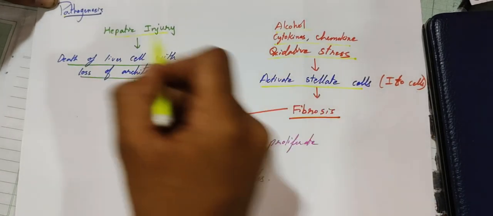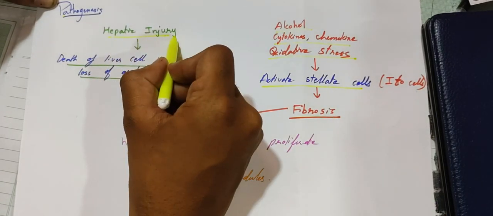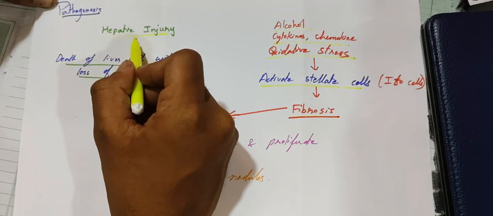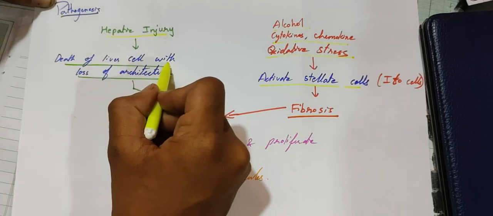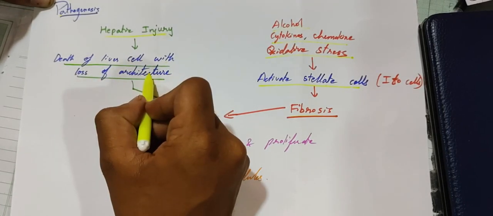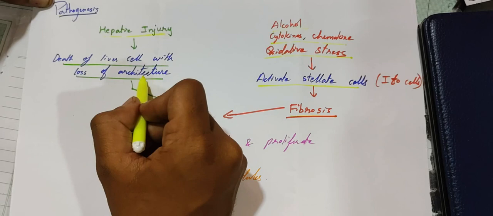Okay, coming under this one, hepatic injury. Whenever there is injury to the liver, there is death of liver cells with loss of architecture. The normal architecture of the liver is lost.